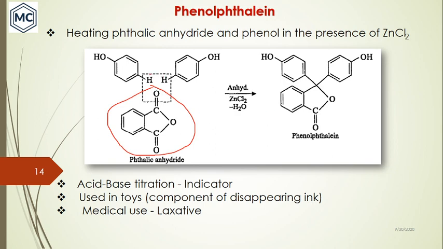It undergoes dehydration, water elimination takes place, and it forms a structure like this, phenolphthalein. We have already used phenolphthalein in acid-base titration as an indicator. It is also used in toys as a component of disappearing ink, and in medicine as a laxative. Okay, that's all about phenolphthalein.